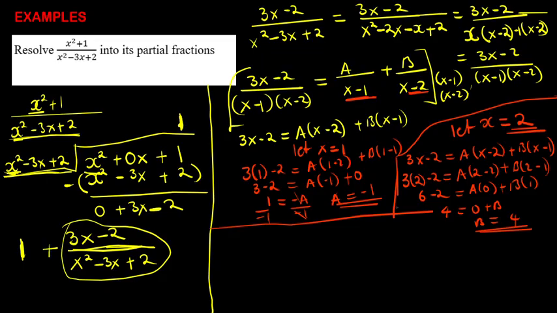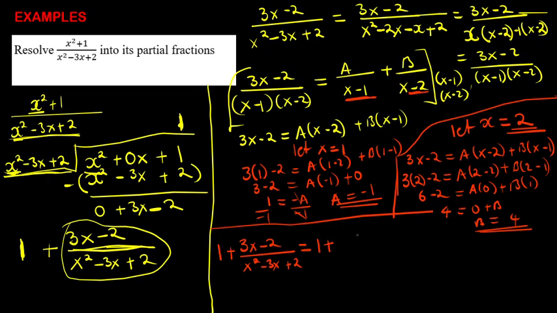So after doing that, the next thing that you do, remember that you had a function this side, which is like 1 plus (3x minus 2) over (x squared minus 3x plus 2). So that's the one that you had, right? Then we break it down to be 1 plus.